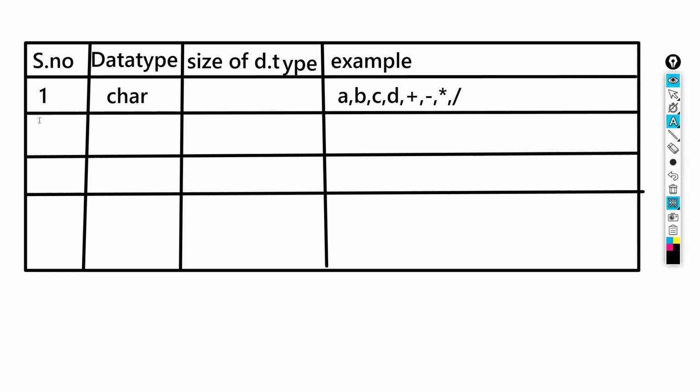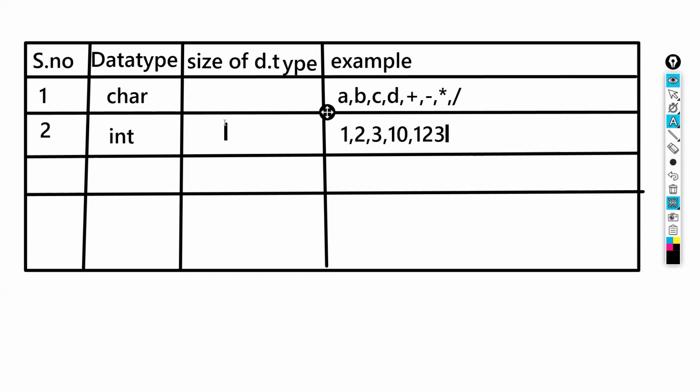So next, coming to the next data type, that is integer data type. Integer data type means 1, 2, 3, or 10, or -1. These are all considered integer data type.